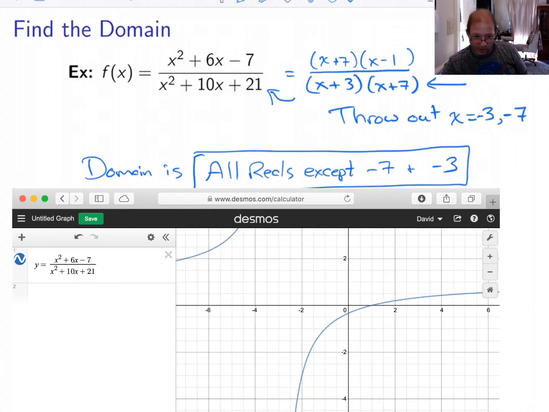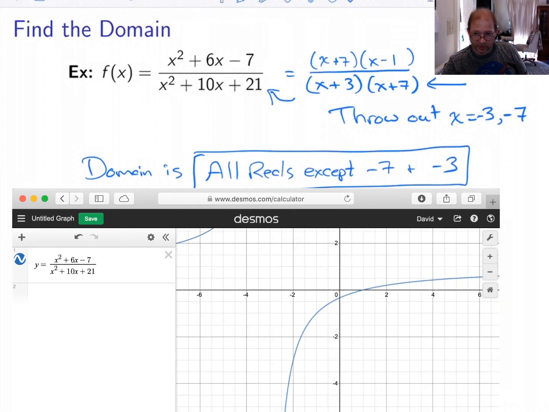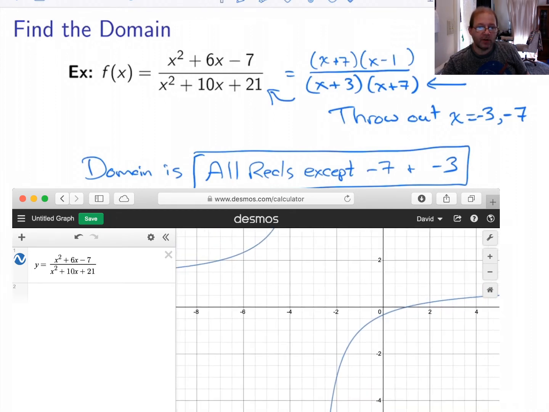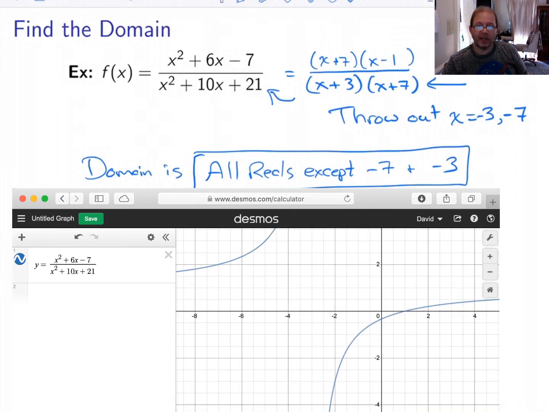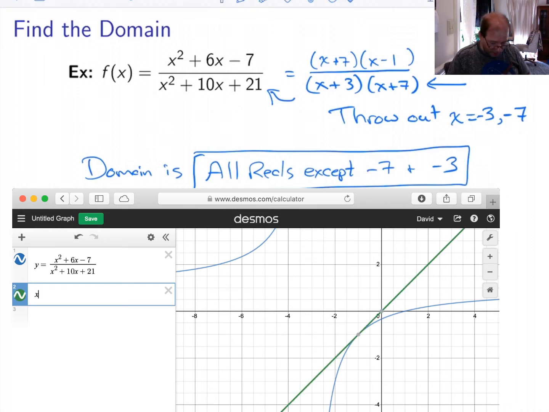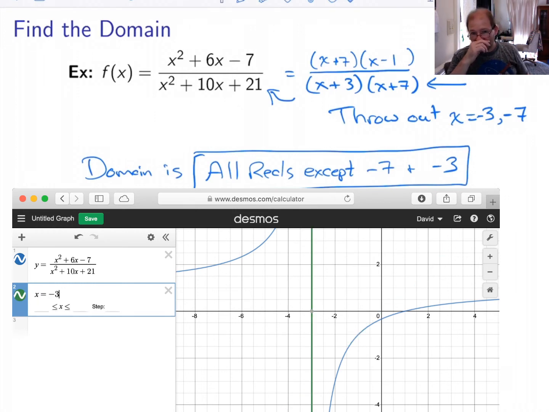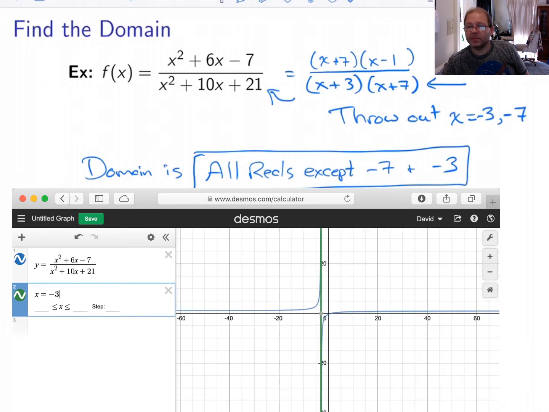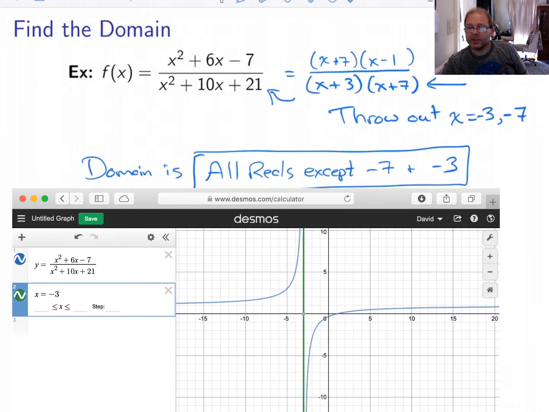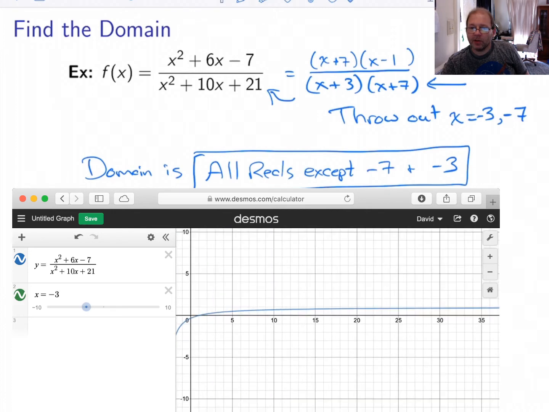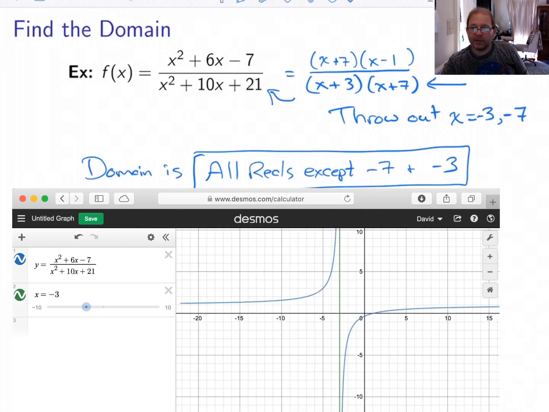Over here at x equals negative 3, the function's not defined there. That's an asymptote. It's also undefined at negative 7.